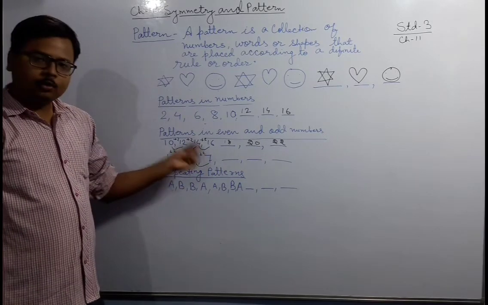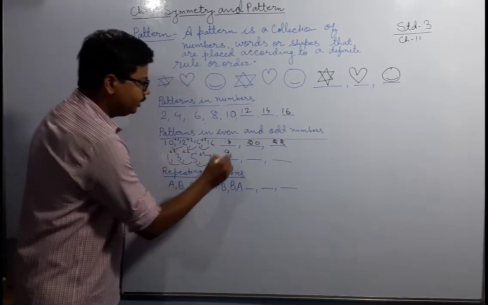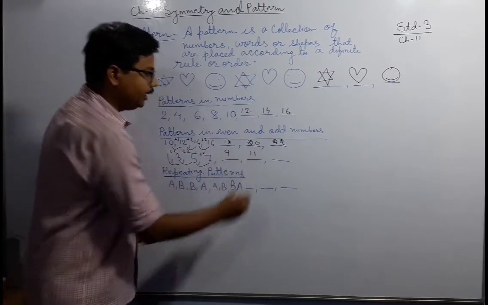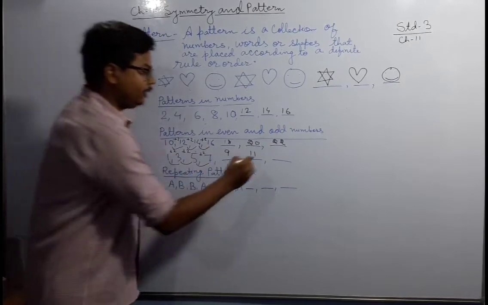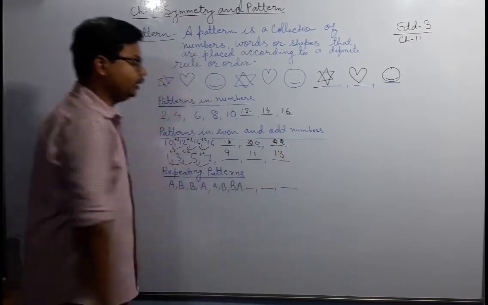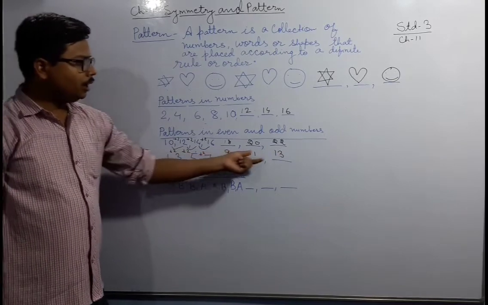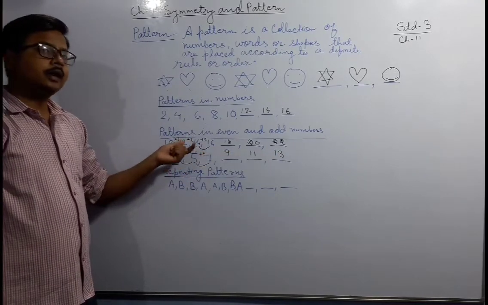Again we have to add 2 in 7, our answer becomes 9. Again when we add 2 in 9, our answer becomes 11. And again we add 2 in 11, our answer becomes 13. So in this case, as you can see, all the numbers are odd. None of the numbers is even.